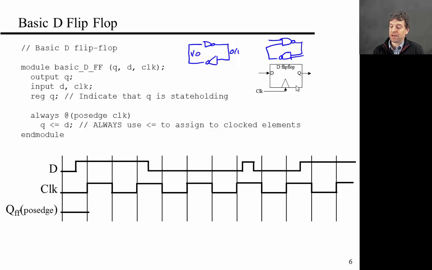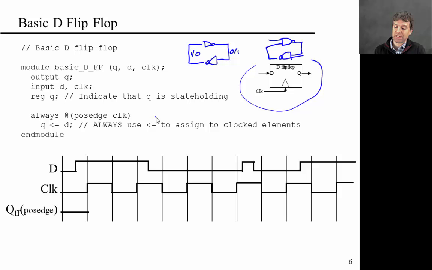Just an additional comment is that this here is the circuit diagram for a flip-flop. Again, you have the clock input, the data input, and Q is the output. Moreover, we're saying that always at the positive edge of the clock, we're going to take the value of the data input and write it into Q. Okay?